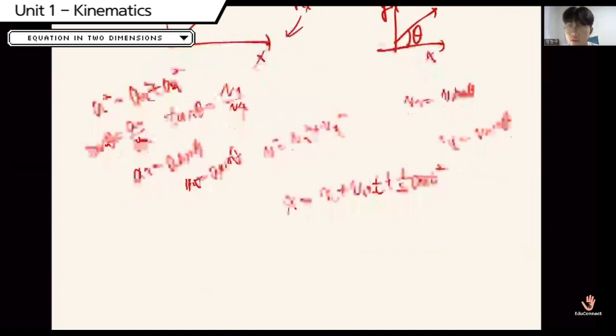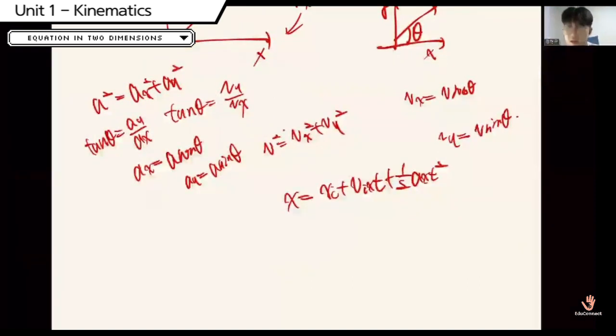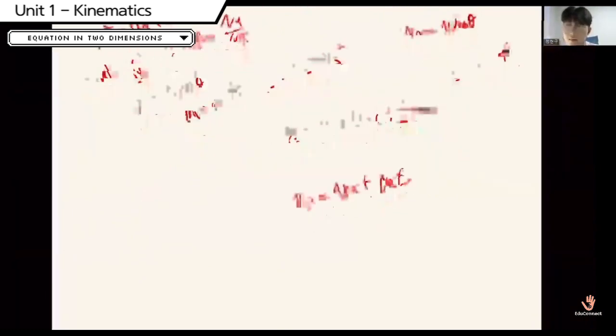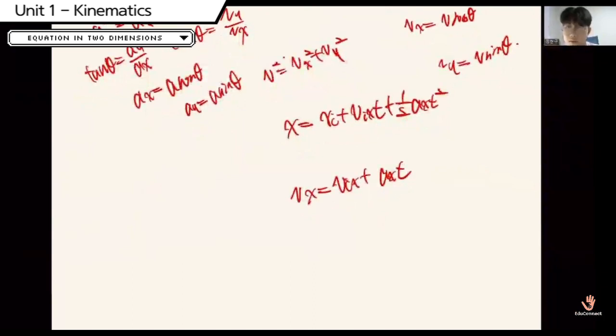The short kinematic equation for the x dimension is v sub x equals v initial x plus a sub x times t. The combined kinematic equation for the x dimension is v sub x squared equals v initial x squared plus 2 a sub x times delta x.